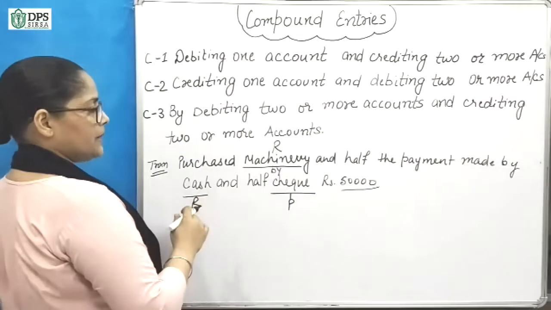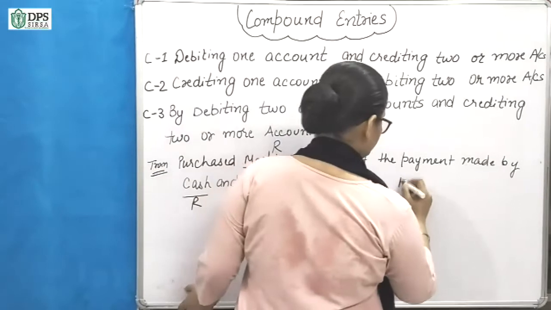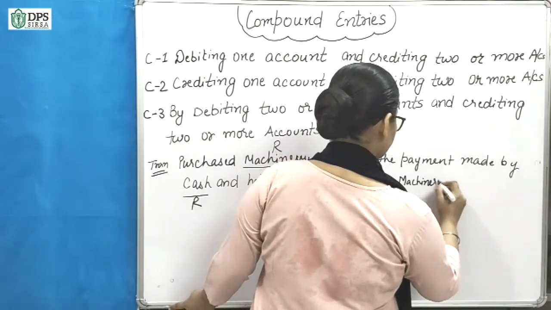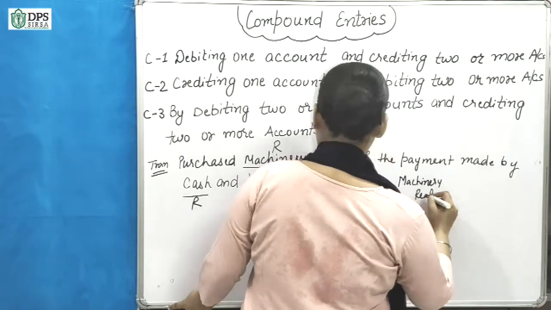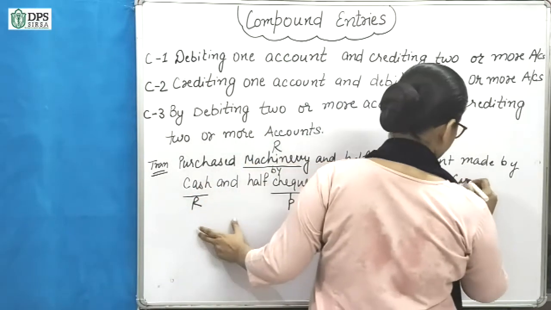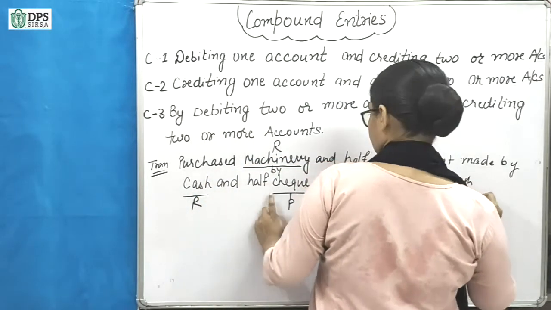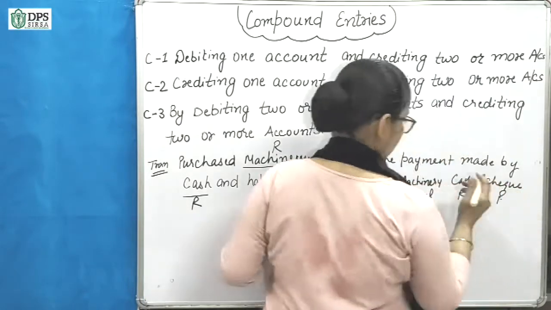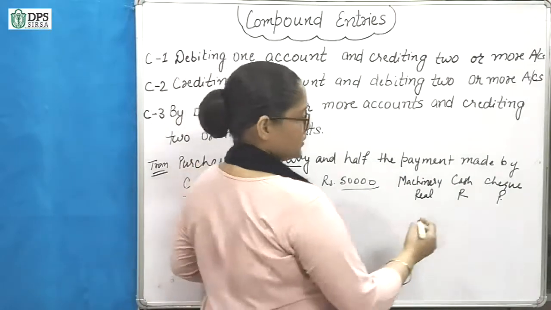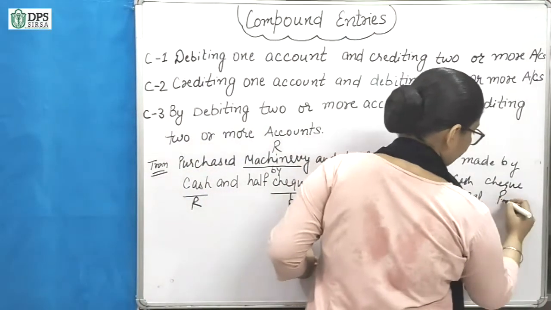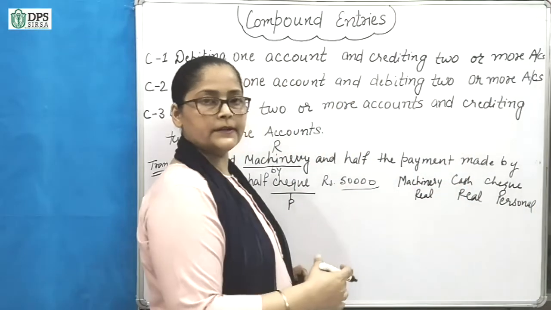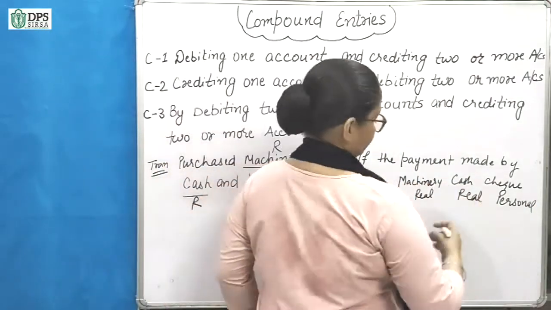So bank is personal account. Now we will apply the rules of these three. First is machinery, real account. Then cash, real account. Then check, it is personal account. Now we will apply the rules and identify what will be the debited amount and what will be credited.